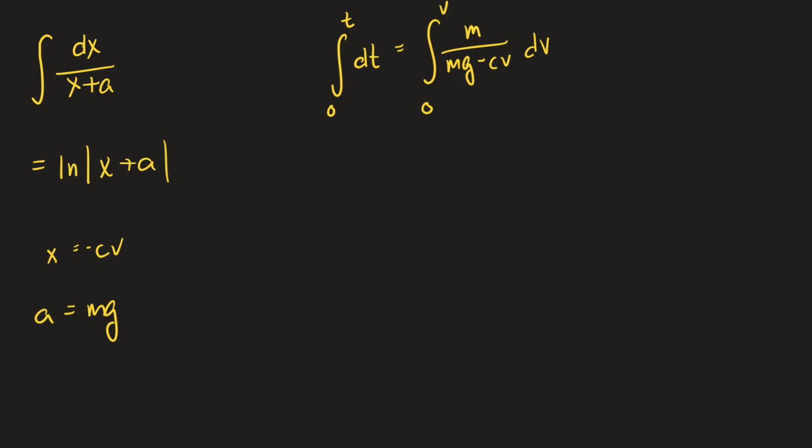Now, if you want to make it look perfectly like that, you could multiply top and bottom of this by 1 over c, which would give you (m over c) over ((mg over c) minus v). And now you've got something that looks very close to what's on the integral table, especially if you pull this out front.